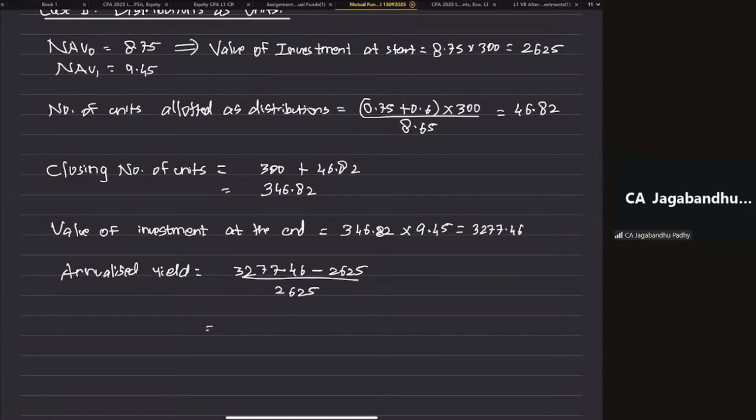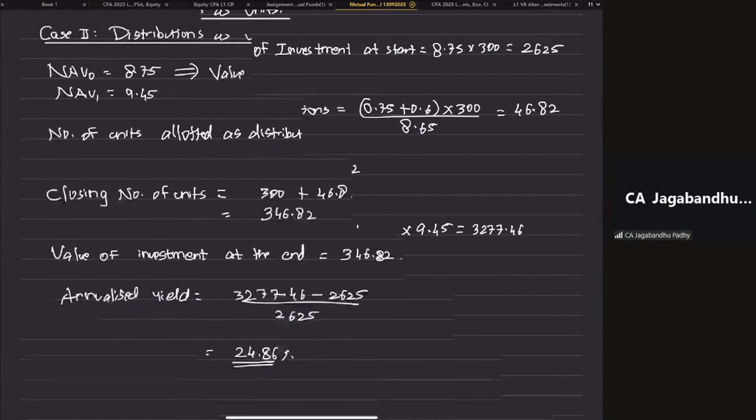Yeah, 24.86%. So that's 24.86%, guys. The annualized yield is 24.86%.